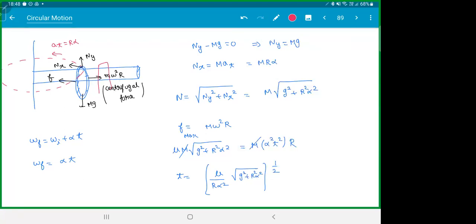If you keep a square frame here, how will the answer change? Try, I'll give you a minute or two. Mass is same. The square frame just fits the ring. Radius, everything is same, mu, everything. Think. How does your answer change if you use a square frame instead of a ring?